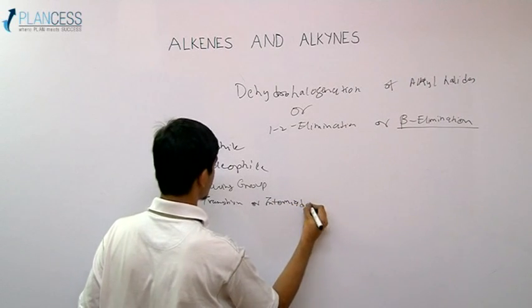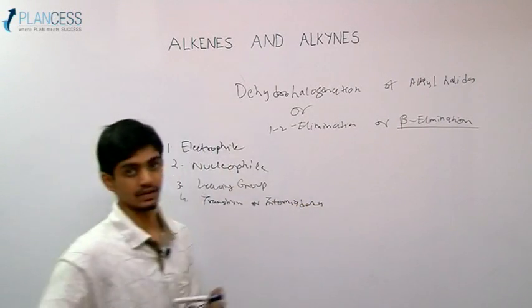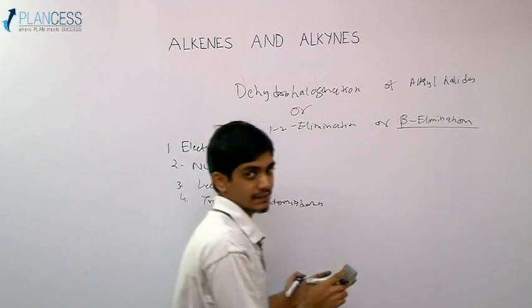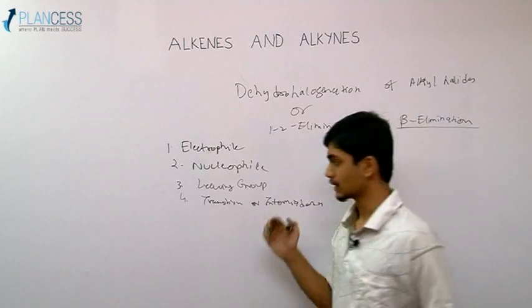Intermediates we have already seen. What are intermediates? They are produced in the middle of the reaction, that is, in between the reactants and the products. But what is a transition state? That we will be studying further.